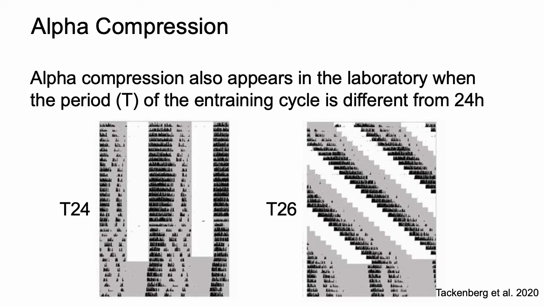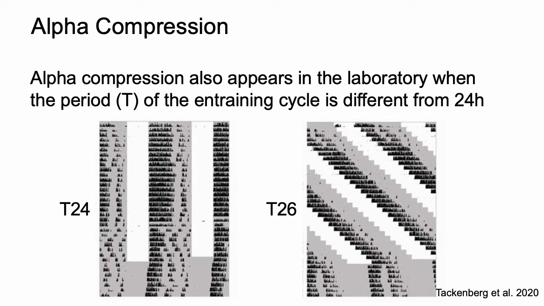in the laboratory when we try to entrain animals to cycles that are different than 24 hours. On the left, you can see an animal that has entrained to a 24-hour light-dark cycle. This is a double-plotted, 48-hour actogram. On the right, we have an animal that is exposed to a 26-hour cycle.